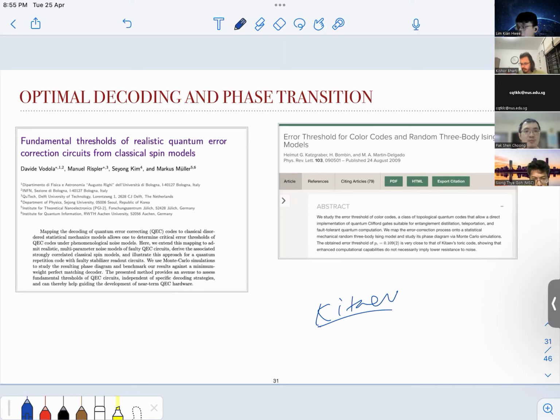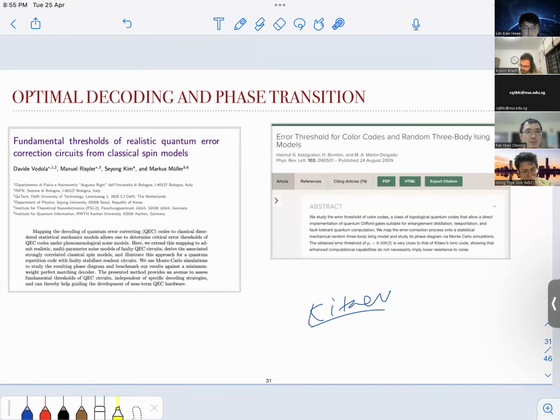For example, for random Ising models, the point where the phase transition happens can give you the threshold for the optimal decoders. So there are these nice connections which people can explore, and there are many more works. I think Soonwon Choi and others have also looked at the connection with random quantum circuits and so on. So there are a lot of works which have tried to explore the connection between computer science, many-body physics and quantum error correction.